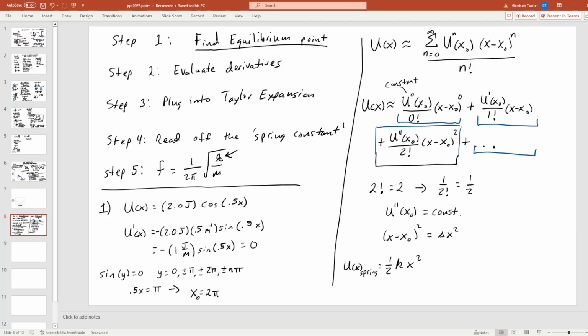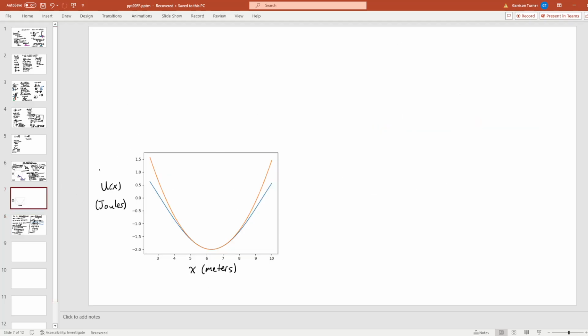Step 2, we're going to evaluate the derivatives at that point.